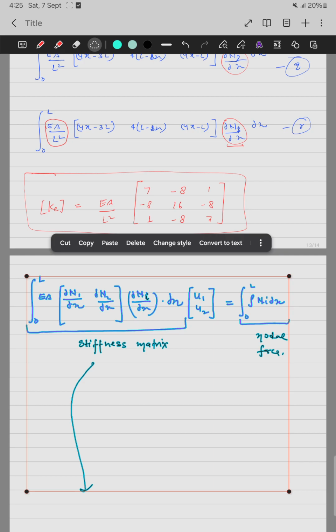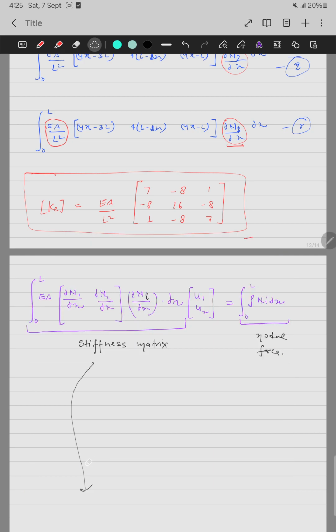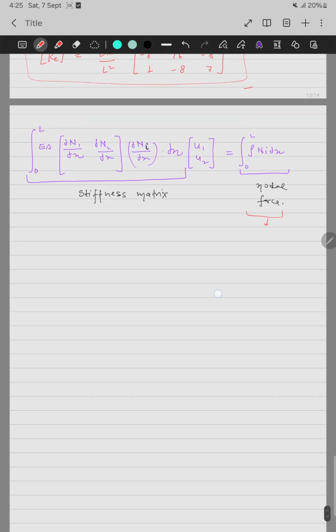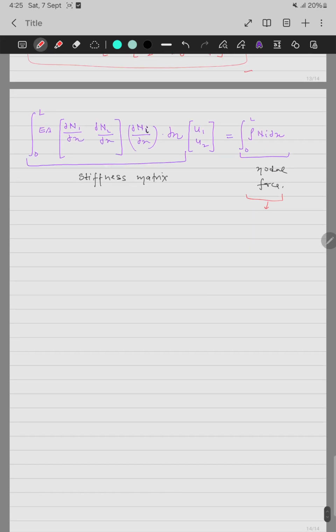So here if you see, this is the stiffness term and this is our nodal force term. Got it now? Yes. So we have done the stiffness part for linear and quadratic as of now, and we'll see how to represent our nodal force. So we'll look into this section for nodal force.